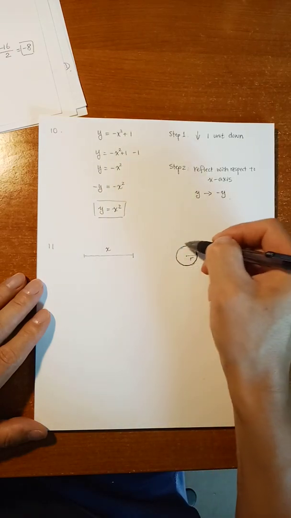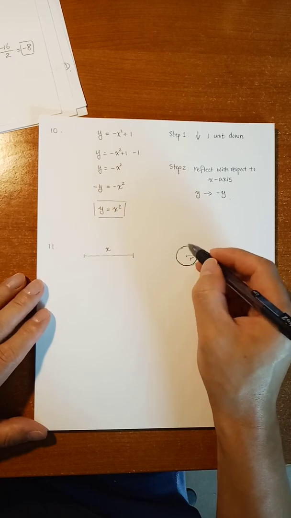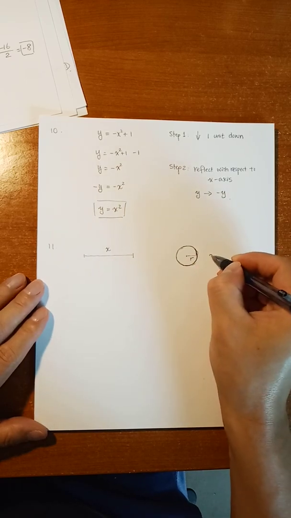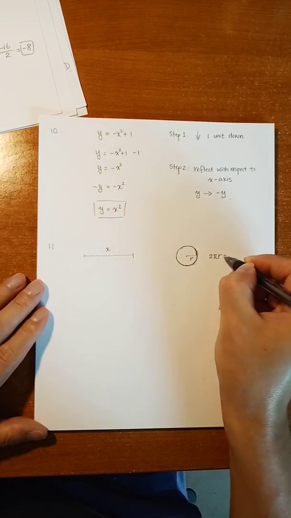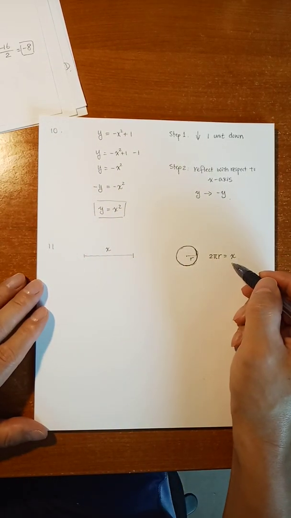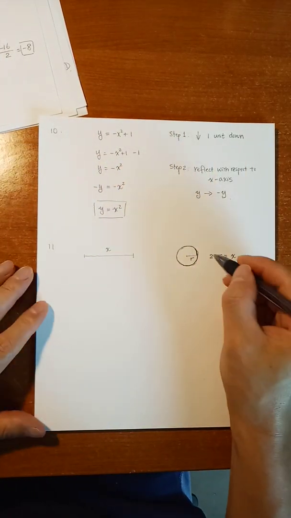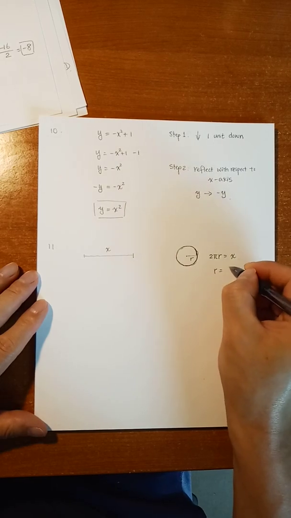When you bend the wire into a circle, assume you don't lose any wire. The perimeter 2 pi r is equal to the length of the wire. So 2 pi r is x, and here you can get r is x over 2 pi.